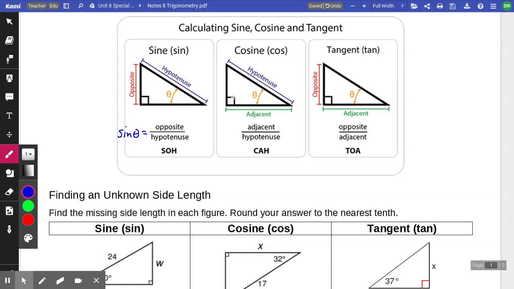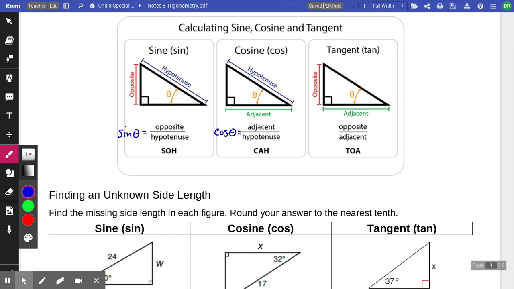Very similarly, with this same angle theta, we could talk about what's called the cosine of that angle. And the cosine is found by using the adjacent side and comparing it to the hypotenuse. And so in this scenario, we say that the cosine of theta is equal to the adjacent side over the hypotenuse. We set up this fraction.